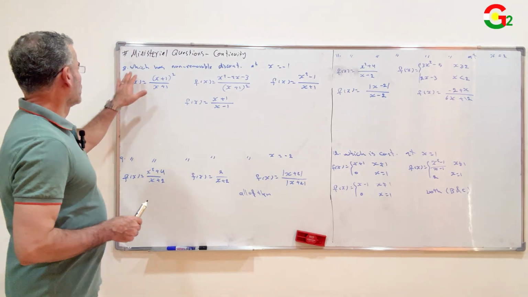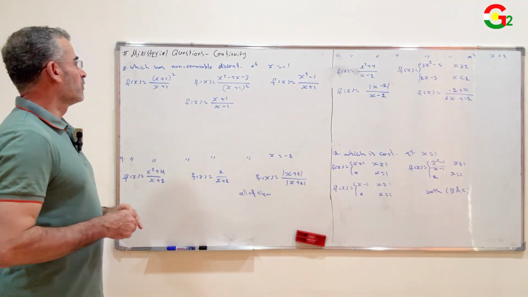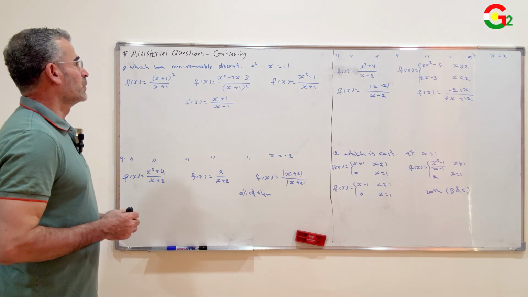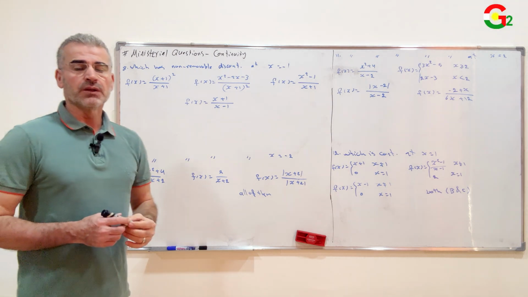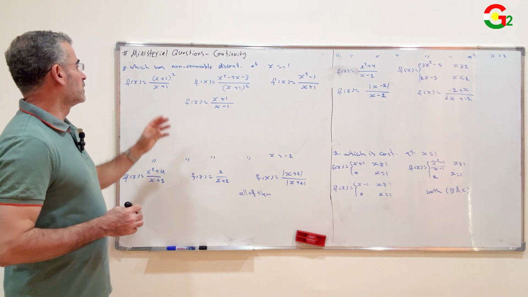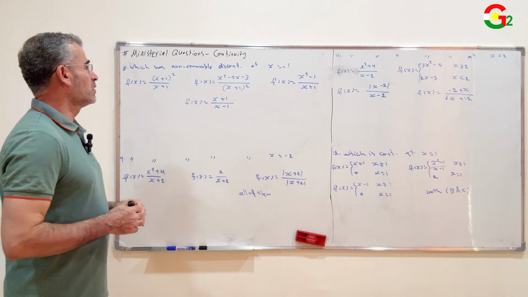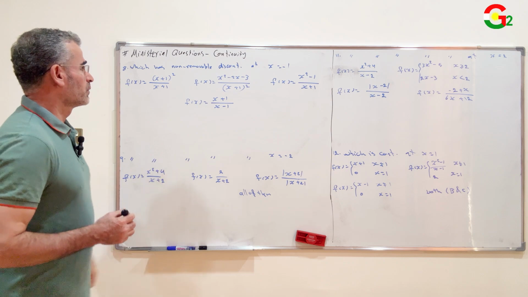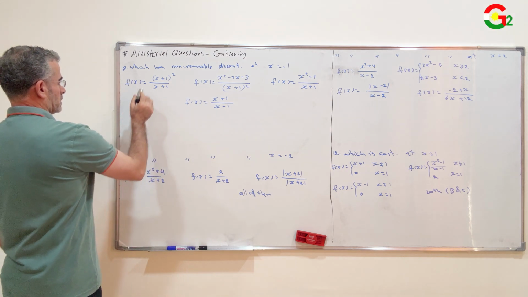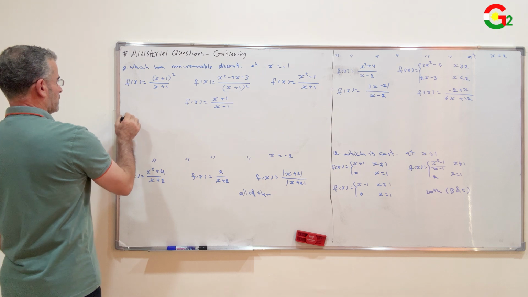Question number 8, which of the following has non-removable discontinuity at x equals negative 1? Non-removable discontinuity means which of the following has no limit when x approaches negative 1. Let us solve the first one.